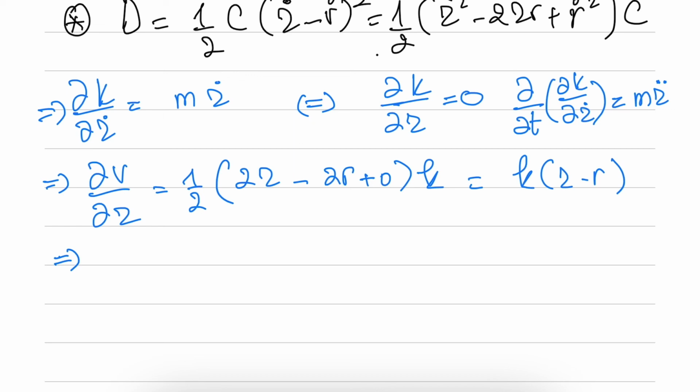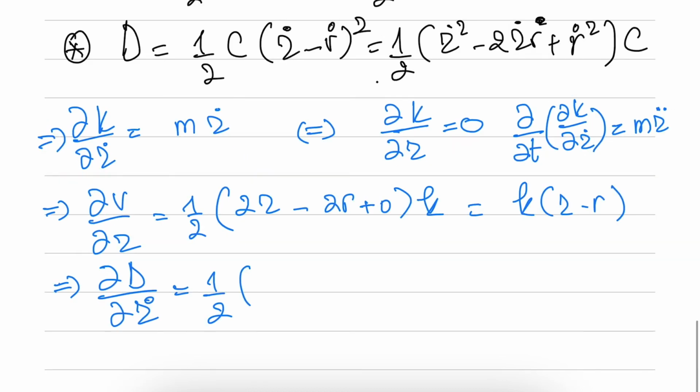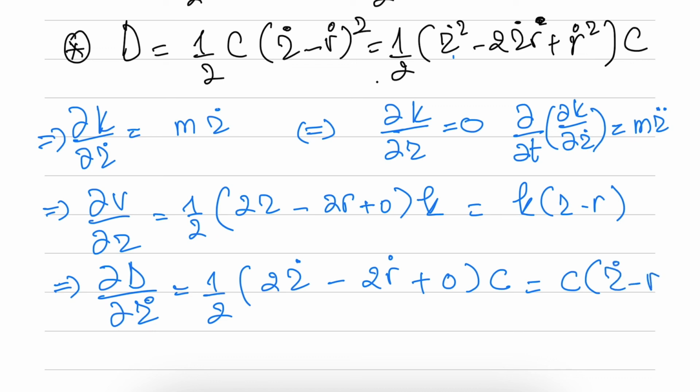The first derivative of dissipative energy with respect to z dot is equal to a half times (2 z dot minus 2 r dot plus 0) times C, or is equal to C (z dot minus r dot).